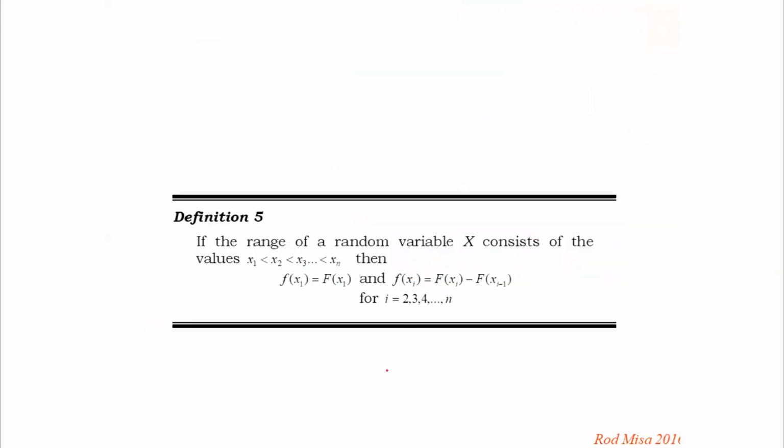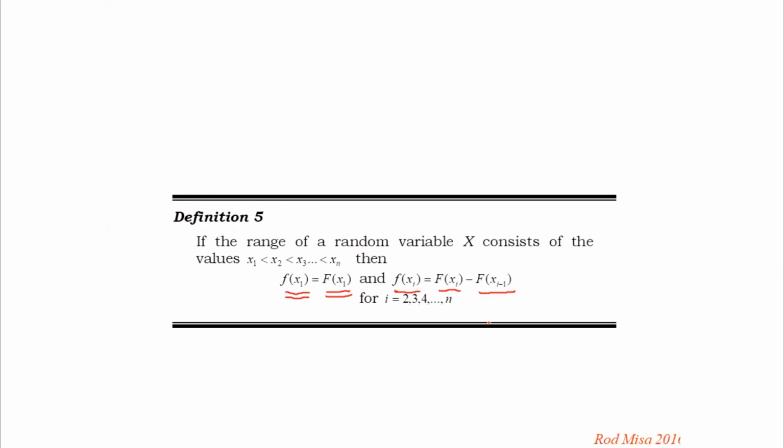Now, let's proceed to our fifth definition. If the range of the random variable x consists of the values x sub 1 less than x sub 2, less than x sub 3, and so on, less than x sub n, then the probability of the random variable whose value is x sub 1 is equal to the cumulative distribution function big F of x sub 1, and the individual probability small f of x sub i is equal to the big F of x sub i minus the big F of x sub i minus 1, for i from 2 to n.